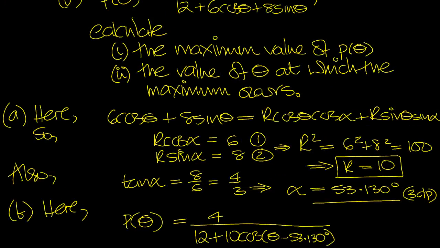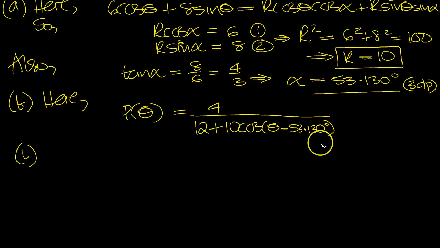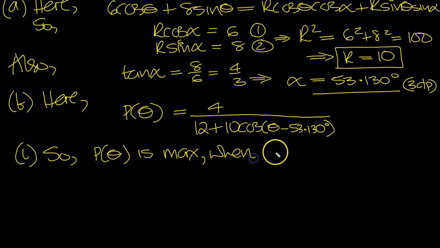So the maximum value, let's just look at the question again. Okay, the maximum value, so what do we get then? P theta is max when this thing here, 12 plus 10 cos, is least.